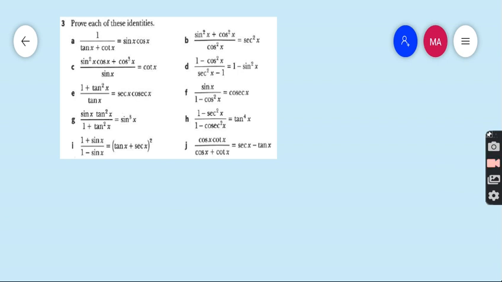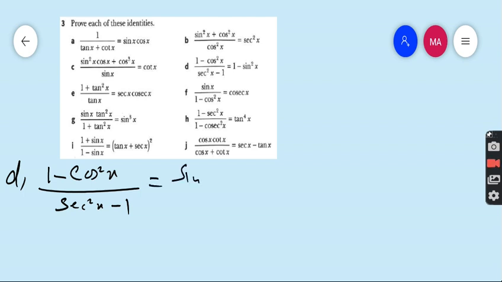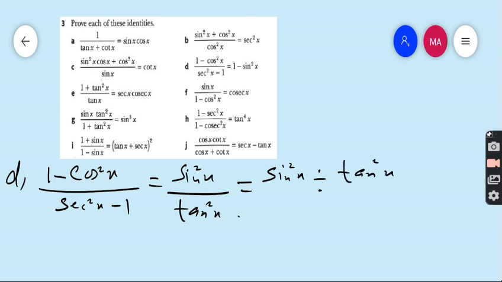These are very easy parts. The difference is fraction is involved. Part D, 1 minus cos square x upon sec square x minus 1. 1 minus cos square x, you know, is sin square x, and sec square minus 1 is tan square x, is equals to sin square x divided by tan square x.